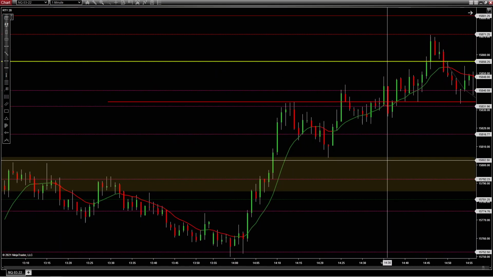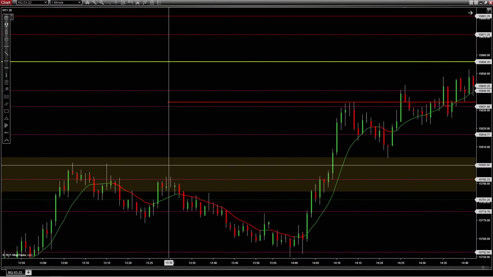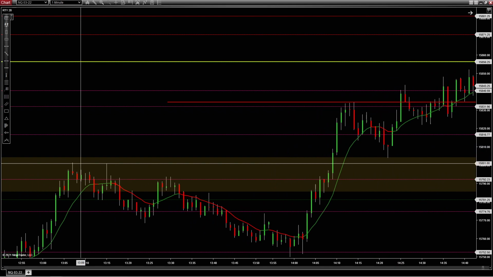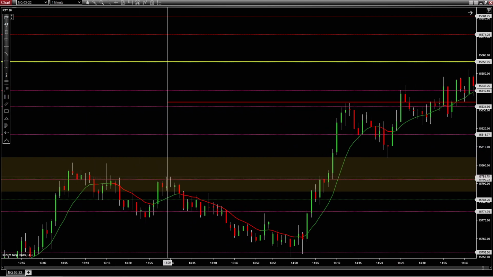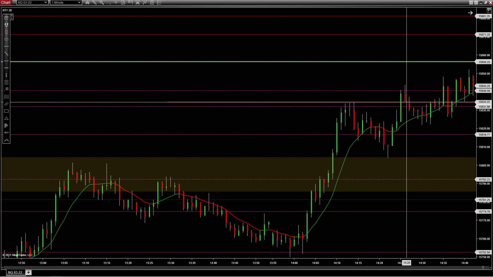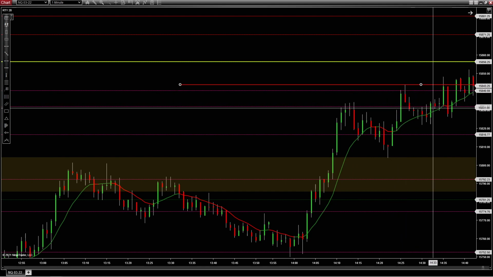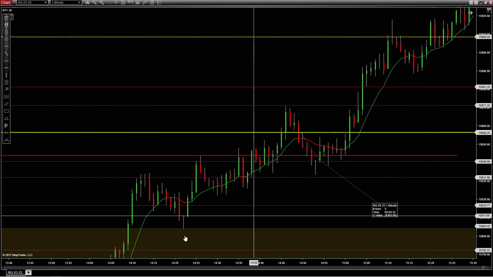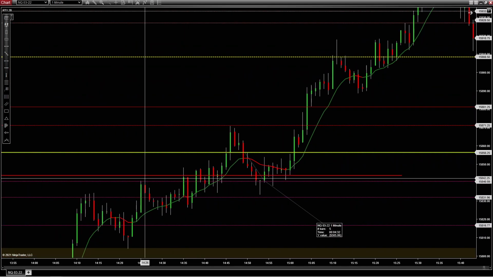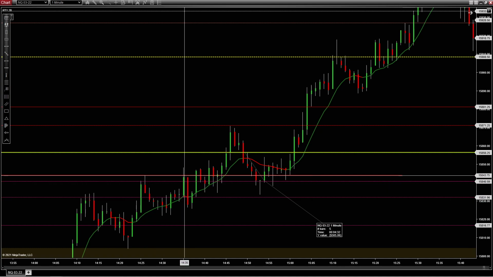Do we make two? No, because we have that. That's a lower high. This will be the higher high. And then when we hit that one, that would be a higher high right there. So this would be our second one right here. And then when we pull back, our entry would be on that candle right there.